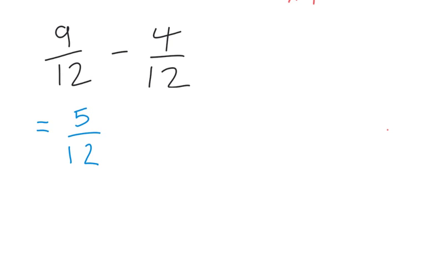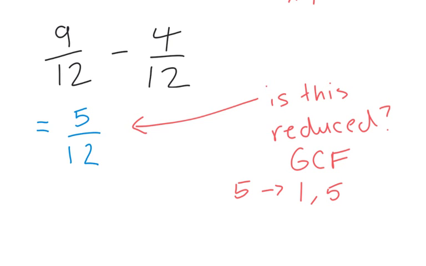Before we finish, we have to ask ourselves, is this fraction reduced? Is it in its lowest terms? To do that, we have to find the greatest common factor of both 5 and 12. The factors of 5 are 1 and 5, since it's a prime number. The factors of 12 are 1, 2, 3, 4, 6, and 12.